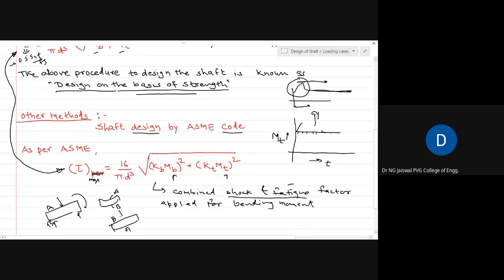But the loading directions are still the same. It means this will again be subjected to this type of loading, this type of bending moment, or it will deflect this way. But now this is B and this is A, which is opposite to the previous case. In the previous case, before the half revolution, A is in compression and B is in tension, whereas here A is in tension and B is in compression.